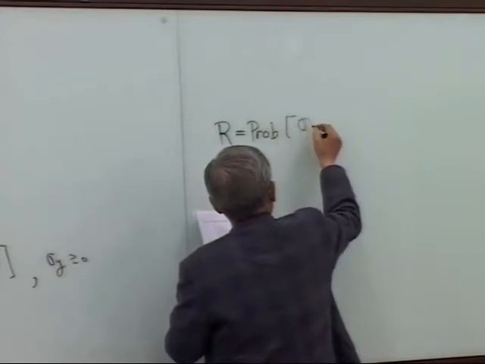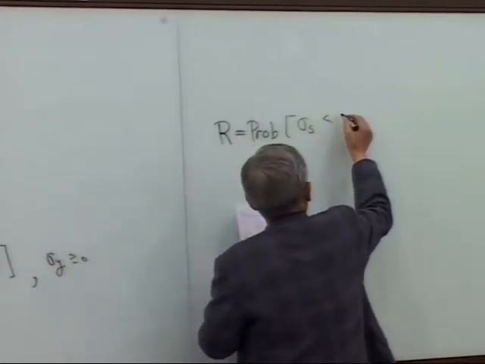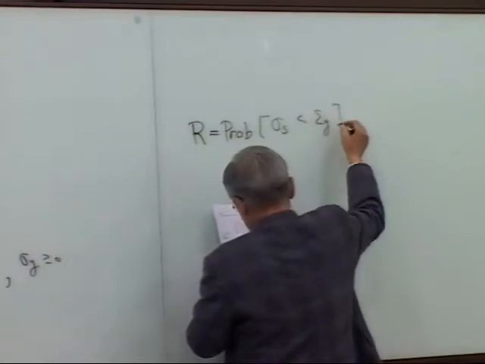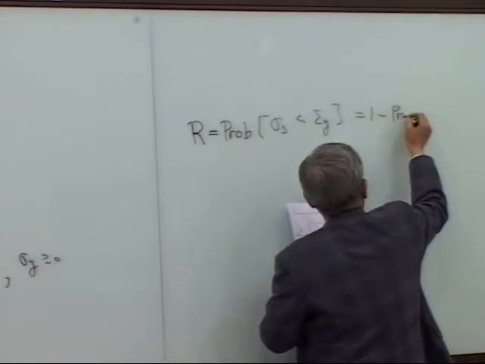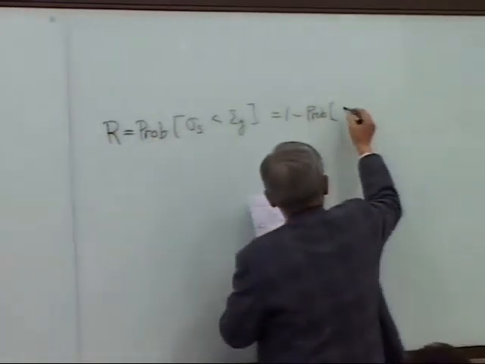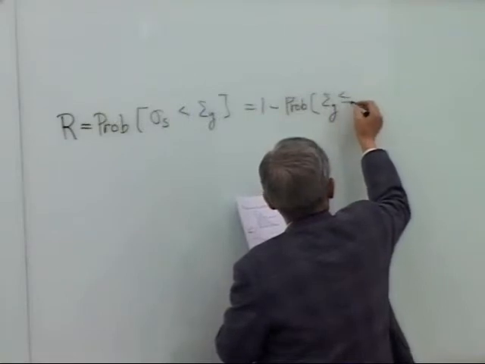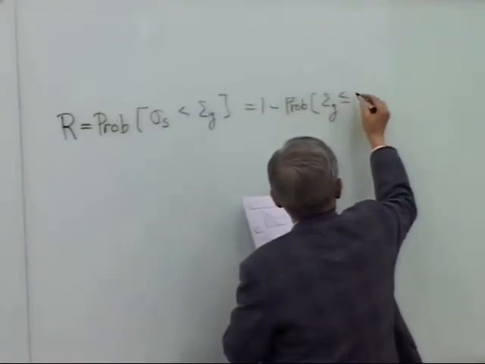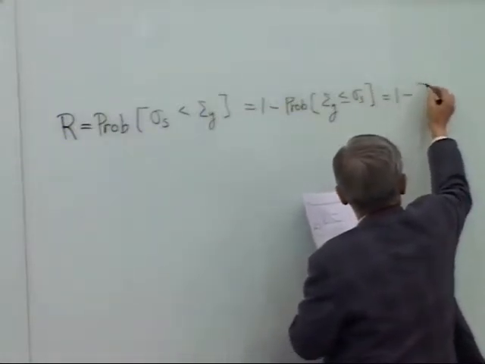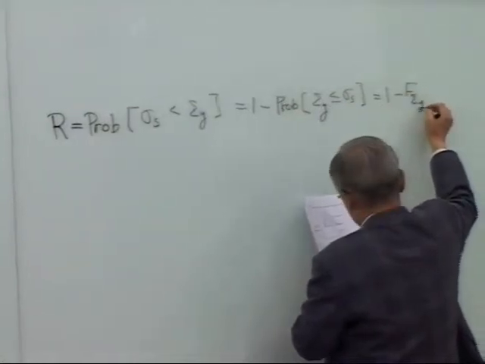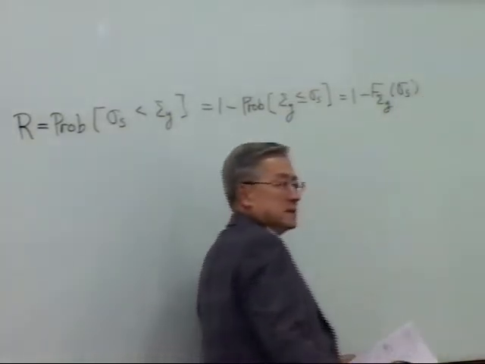The probability that sigma S is less than sigma Y is equal to 1 minus the probability such that sigma Y is less than or equal to sigma S, which is equal to 1 minus F_Y of sigma S, okay?